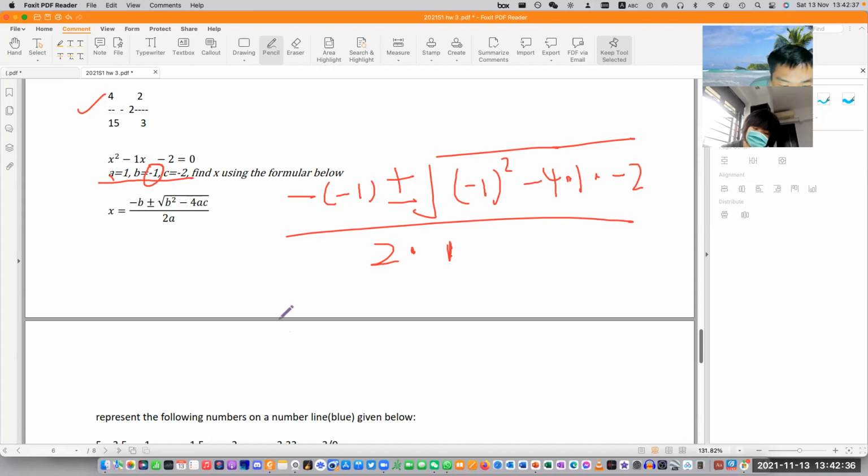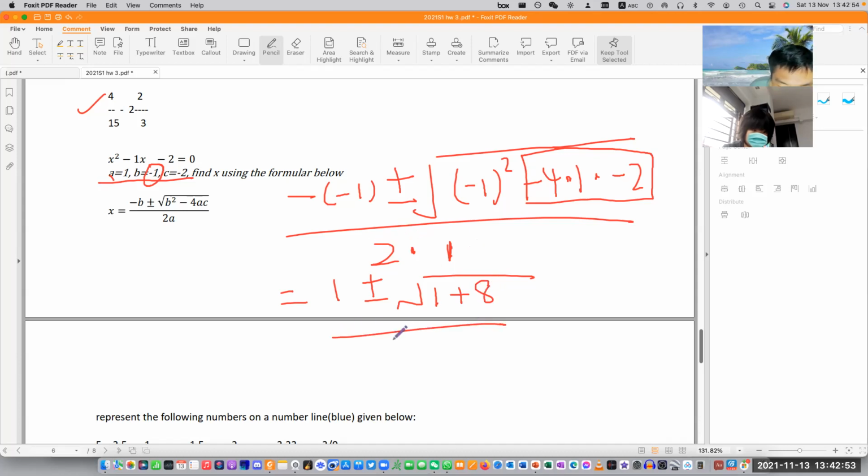If you simplify this, you get minus 1 squared is 1, plus minus 1 minus 1 times minus 4 times minus 2 is plus 8. Then 2 times 1 is 2. Continue, so you will get 1 plus minus the square root of 9 over 2.